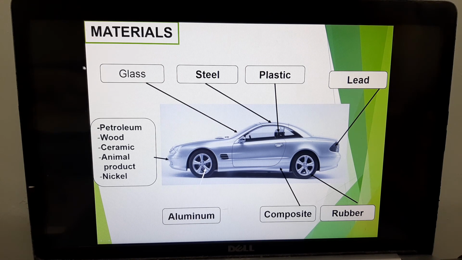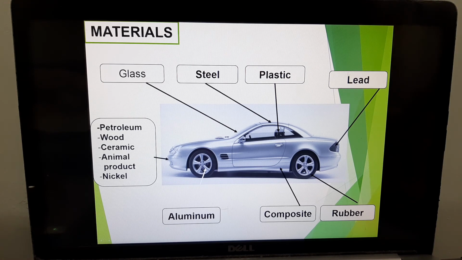Glass is made out of non-metallic material. Steel is a metallic material under the category of iron. Plastic is man-made, so it comes under the category of non-metallic material.